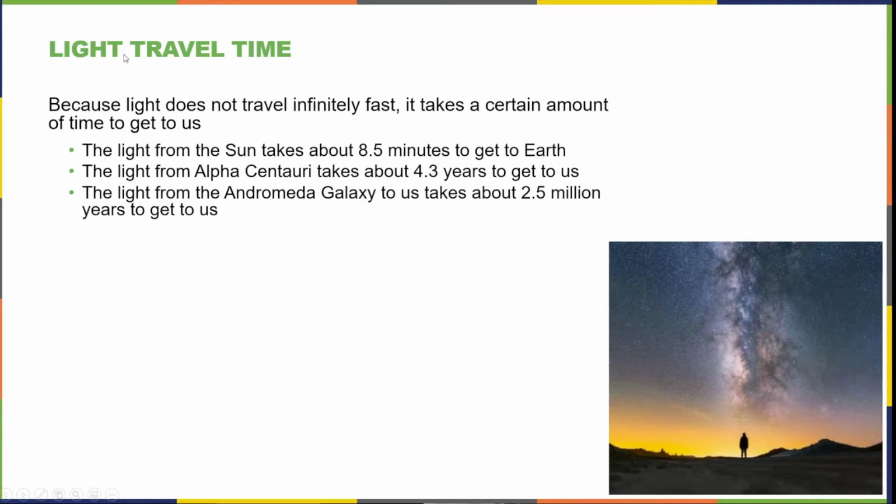And so, in terms of light travel time, light does not travel infinitely fast. We know light is the fastest thing in the universe, yet it has a finite speed. That finite speed means it takes a certain time for light to reach from point A to point B. Like I said, the light from the Sun takes about 8.5 minutes to get to Earth.